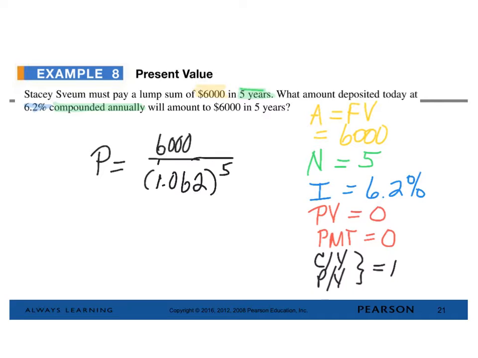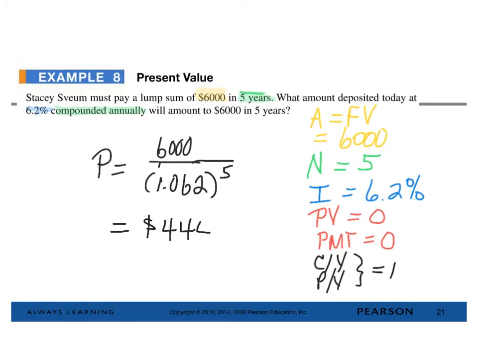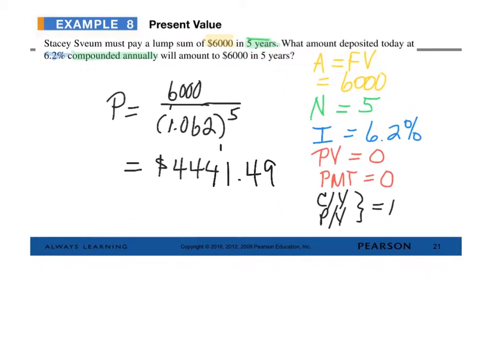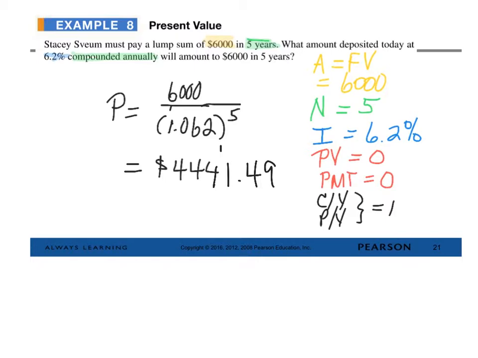And the compound amount turns out to be $4,441.49, which is our present value.